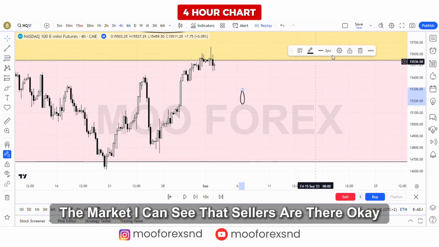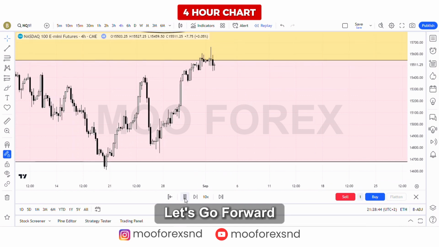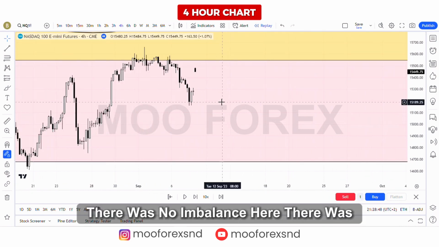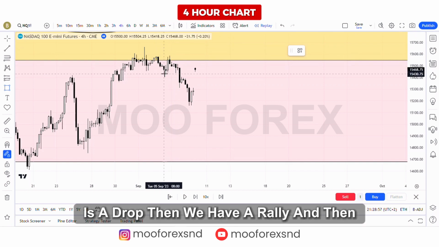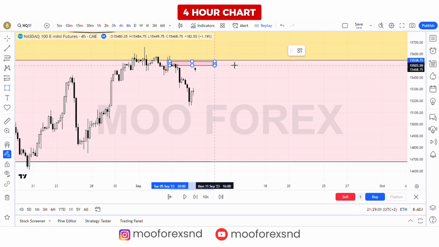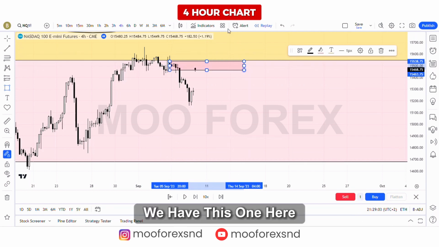I can see that sellers are there. Okay, let's go forward. There was no imbalance here. There was, see here, it's a drop, then we have a rally, and then we have this one here.